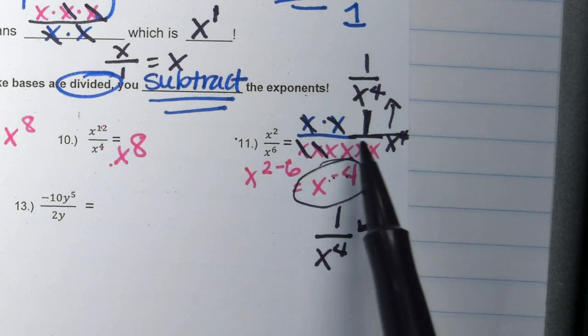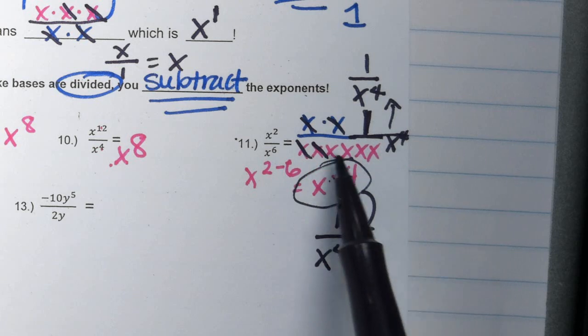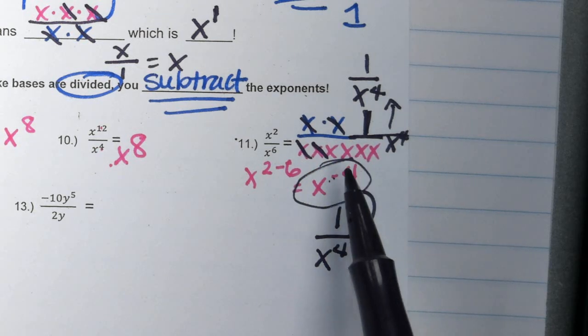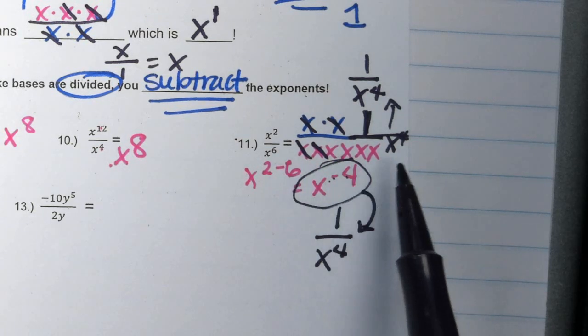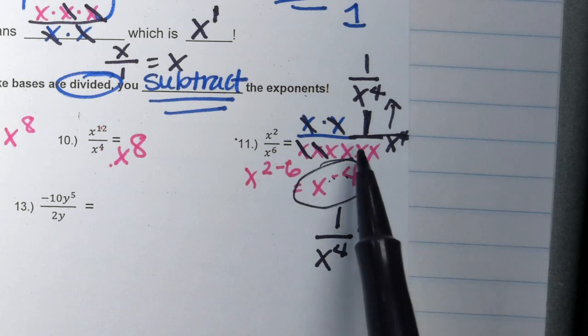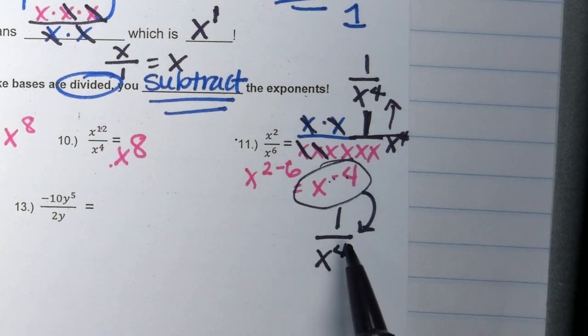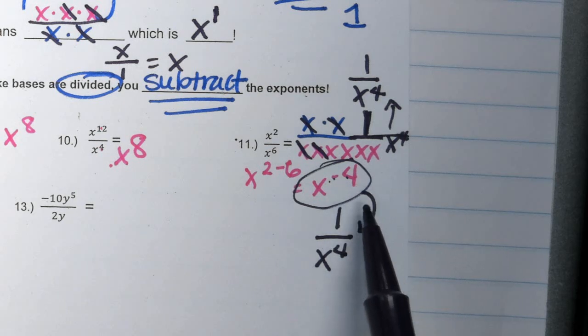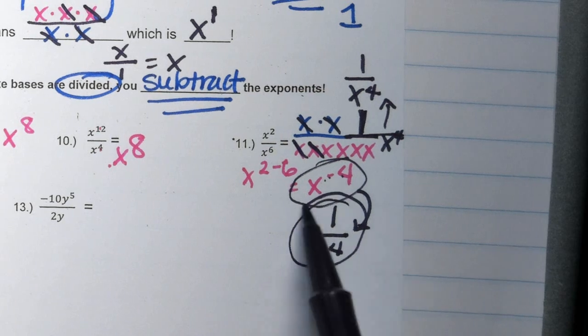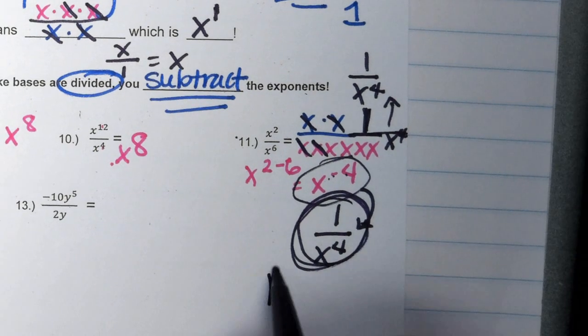And I just proved that to you when we mapped out, we crossed out our x's. We wrote them all out, literally crossed them out. We ended up with 4 x's on the bottom. So x to the negative 4th is the same thing as 1 over x to the 4th. And that's the proper way to write it.